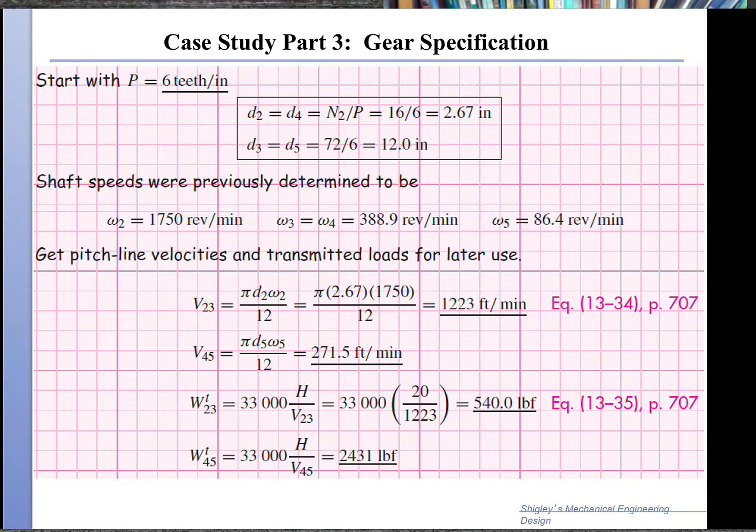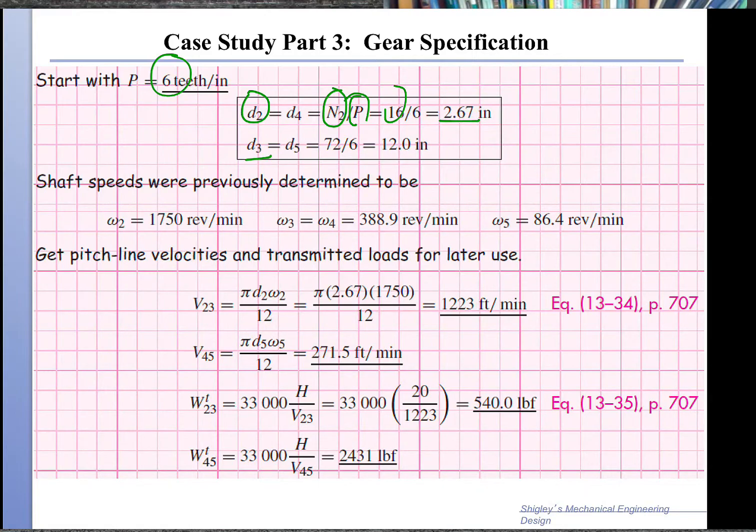So we're going to round it up to the next integer, 6 teeth per inch, and that will give us a solution for the diameters, because the diameter for the input shaft D2 is the number of teeth that we have, 16, divided by the pitch, so it gives us a diameter of 2.67.